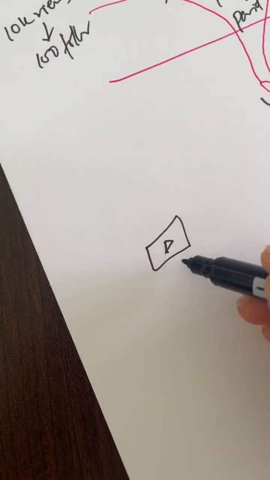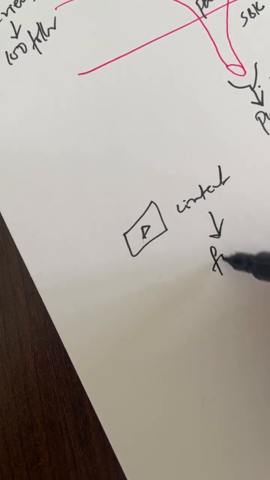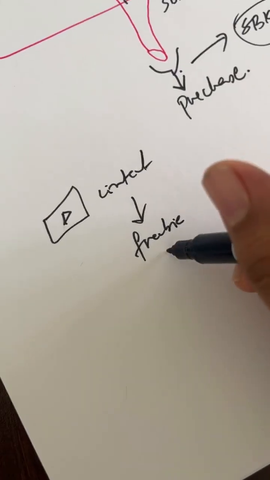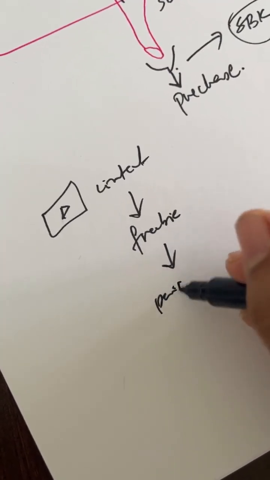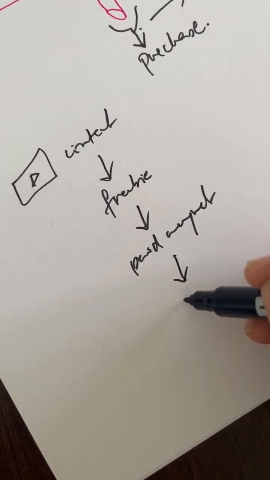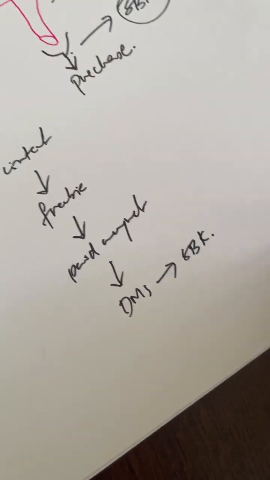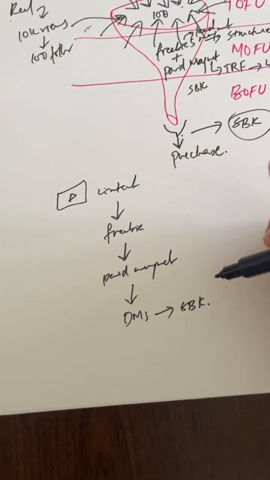Let's say this is my Instagram content. The content brings me followers, and then the followers grab the freebie, and I filter that out with a paid magnet, right? And then they come into my DMs to purchase my signature service, which is SBK.